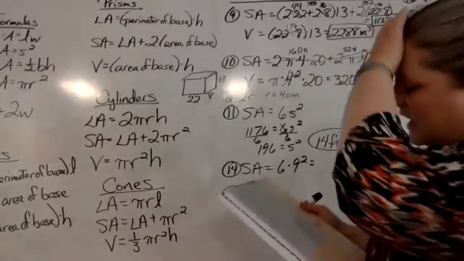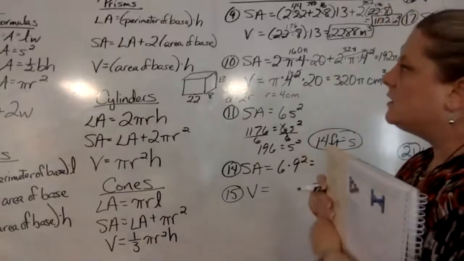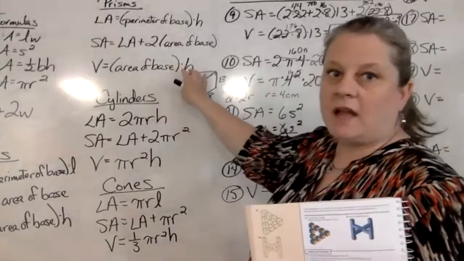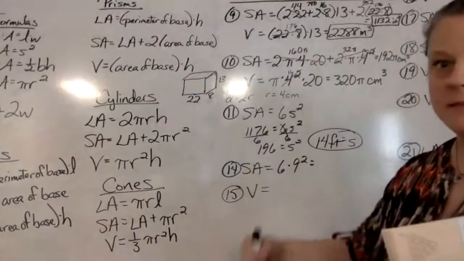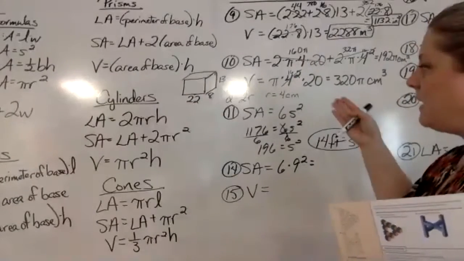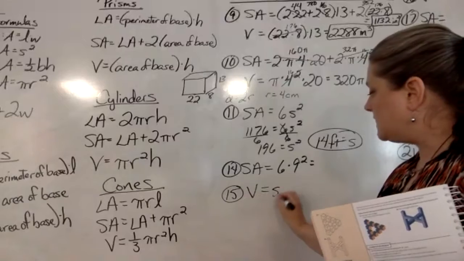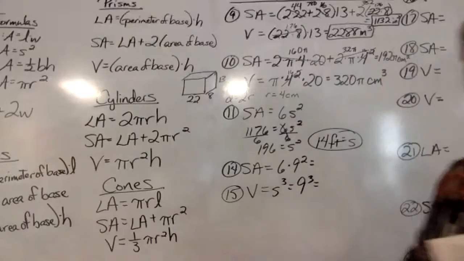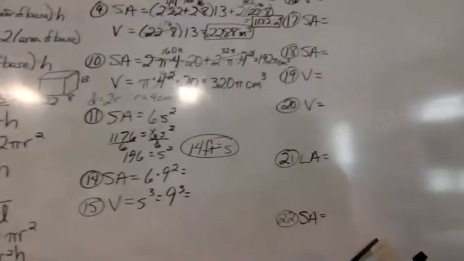And then its volume, remember, is the area of the base times the height. So to find the area of a square, you take the side times itself, and then you multiply it by the height, which is also the same thing. So volume is equal to the side cubed, or 9 cubed. Okay? That's for 14 and 15.